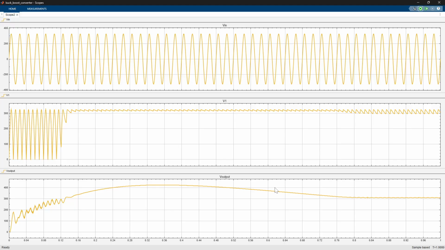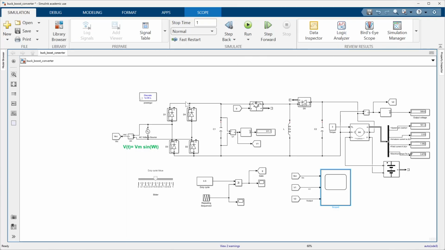So the settling time for the motor is larger when we increase the duty cycle. That's the disadvantage of such a circuit.